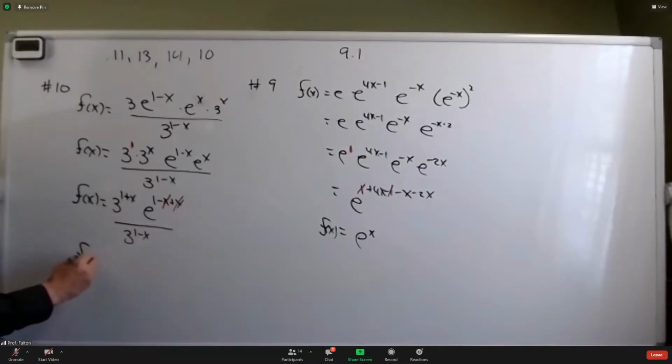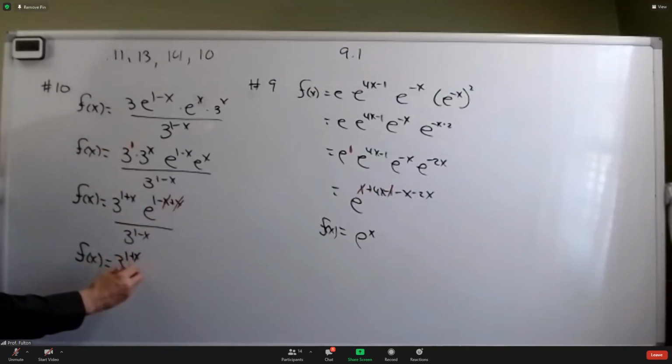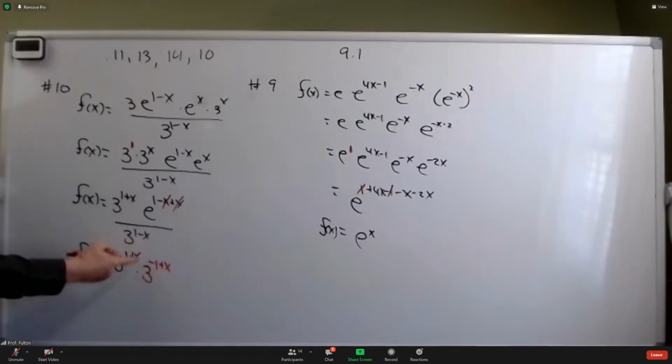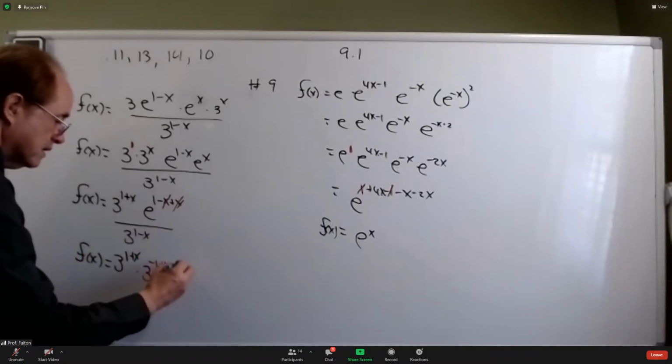I can write that as f of x is 3 to the 1 plus x. This can come up from the denominator as 3 to the minus 1 plus x. When it's underneath, it comes up and changes. The 1 goes to minus 1, negative x goes to x, and over here I just have e to the first power left over.